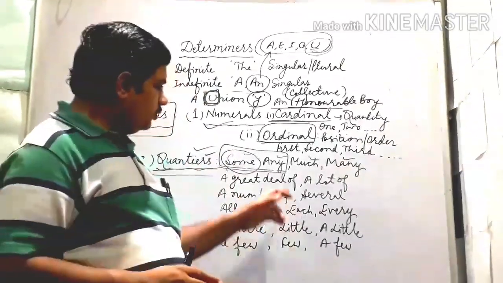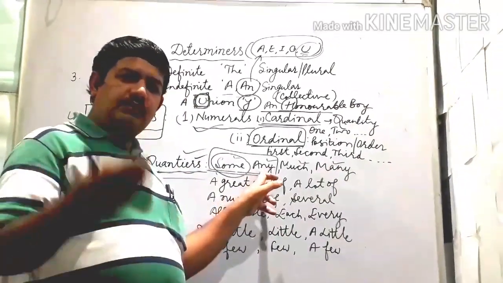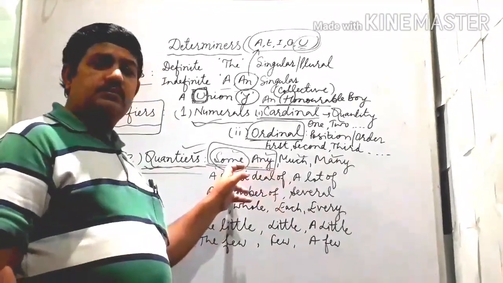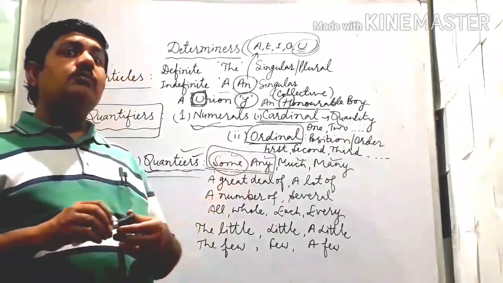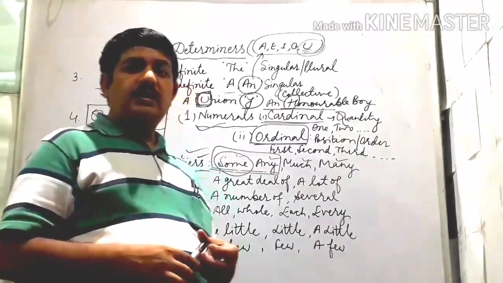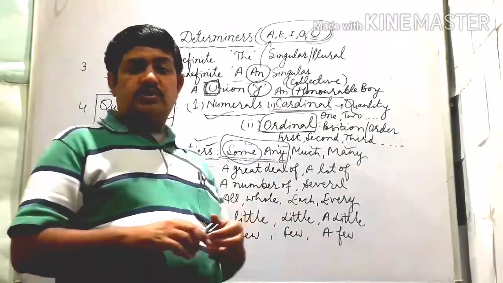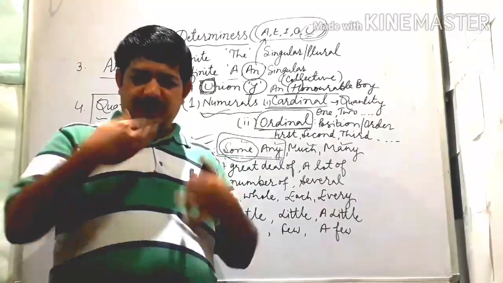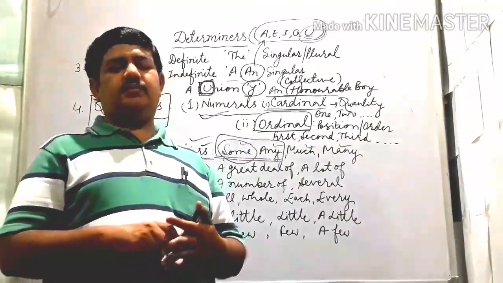So when you talk in a negative sense we use any, in an interrogative sense also any, in a positive sense some. Sometimes any also, it's a kind of exception. Any sometimes gives you some kind of positive meaning when you expect that a positive response will be there.